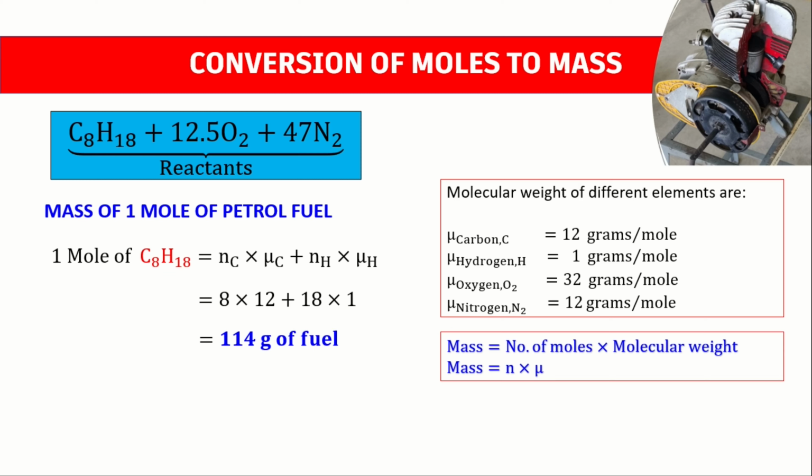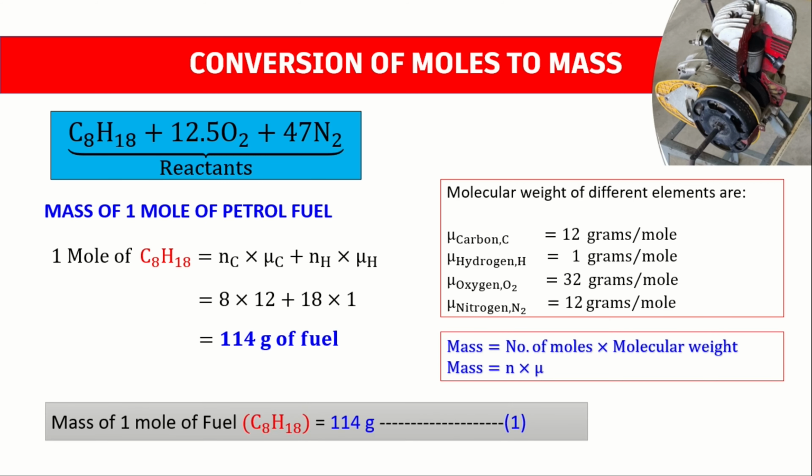So 1 mole of C8H18 has a mass of 114 grams. Is it clear? Let us take it as equation number 1.